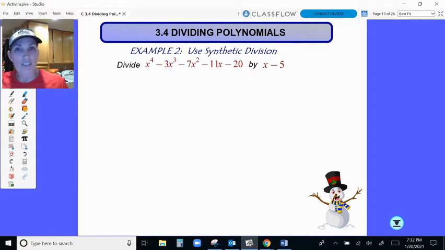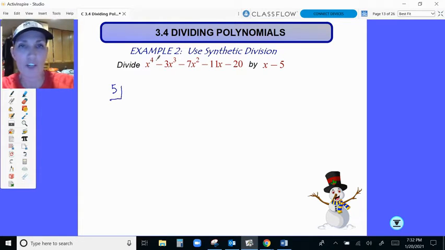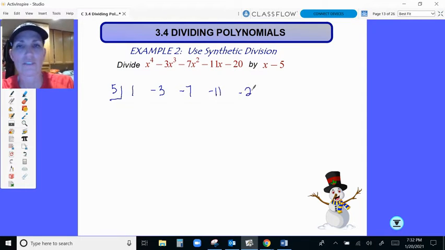Okay, so let's try this again. Let's divide again. This time we're going to divide by the 0, which is 5. So we're going to write our 5 here, put it in the house, and I'm going to make sure every power is represented: 4, 3, 2, 1, 0. That's perfect. So I'm going to write all of my coefficients: 1, -3, -7, -11, and -20.